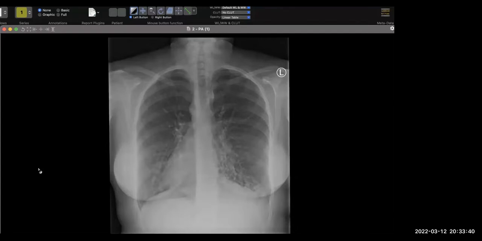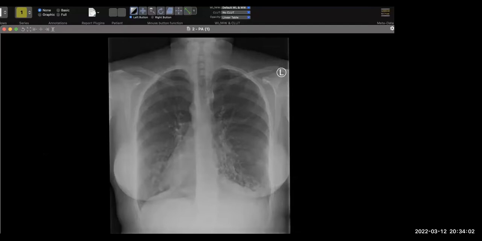I don't see any pneumothorax. There is some blunting of the left costophrenic angle with, I think, a nodular density that is abutting the left hemidiaphragm. And the rest of the lung appears grossly normal.